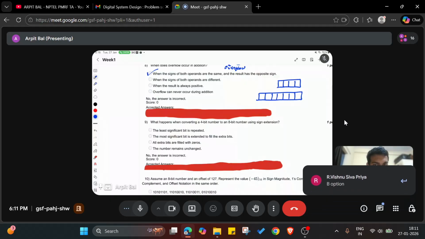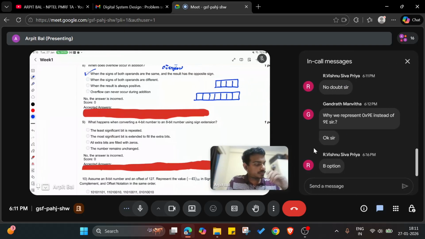You can choose B option. Is there any other solution to this? So when this question is being discussed, is it true for both representations? Can I do the same thing for signed magnitude representation as well as 2's complement representation, or only 2's complement?